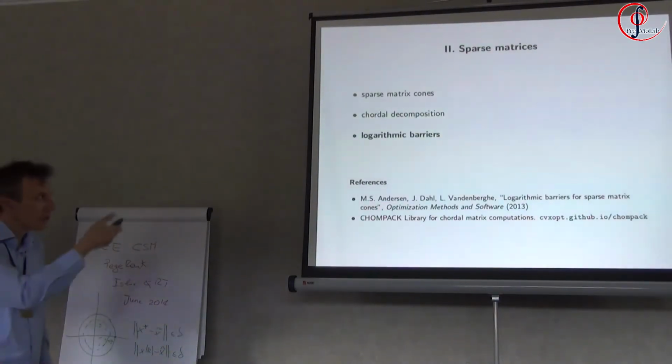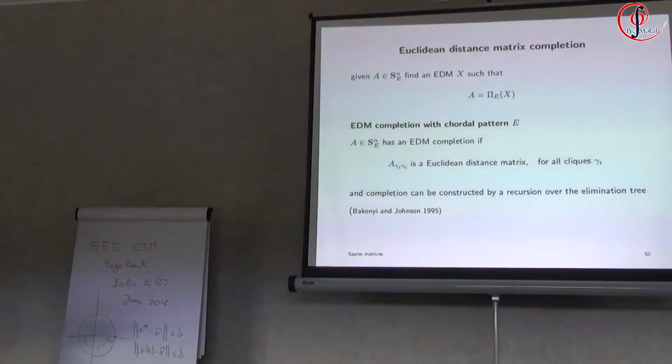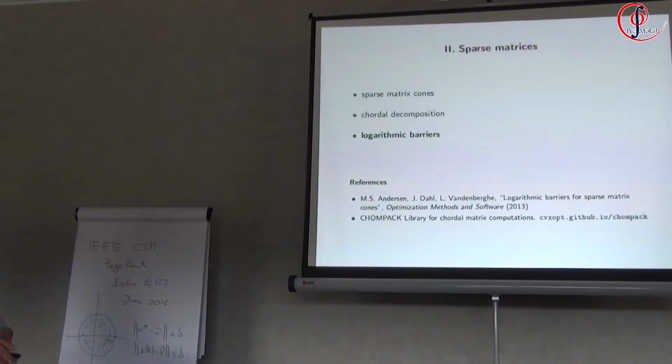This gets us closer to semi-definite programming. We define these two cones, the positive semi-definite cone with a certain sparsity pattern and the positive semi-definite completable cone.